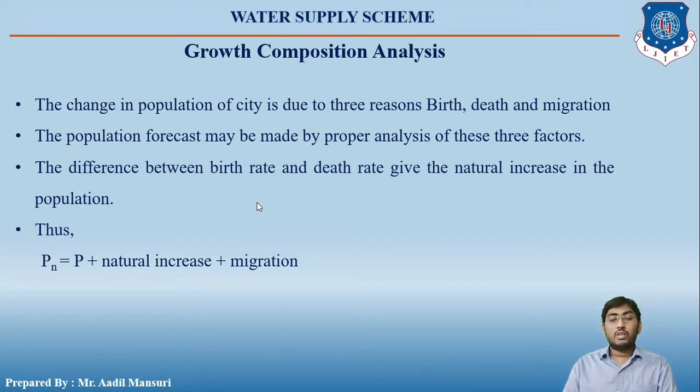So in this method, total population increase can be given as P, that is the current population, plus natural increase, that is either by birth or death. So there can be a natural decrease as well. And migration, that is people may migrate from village areas to the city areas in search of better prospects.